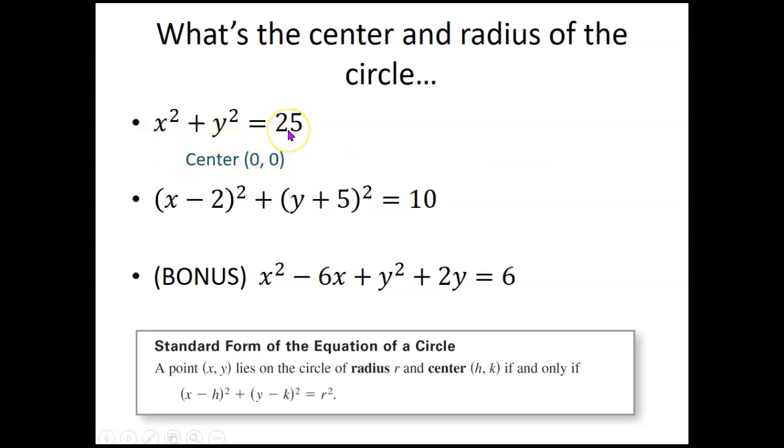And then over here on the other side of the equal sign, where the r squared belongs, we have 25. So if r squared is 25, r must be the number that you square to get 25. That is the square root of 25, or 5. So this is the circle with its center at the origin and a radius of 5. And yes, we were looking at a graph of this circle earlier in this section, in the previous video.